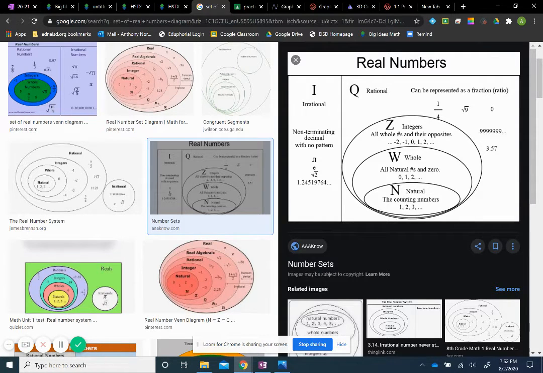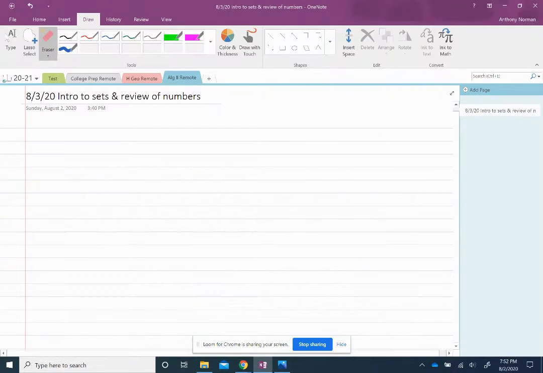Rational numbers. The way I think about rational numbers, if you can write it as an integer divided by an integer, it equals a rational number.